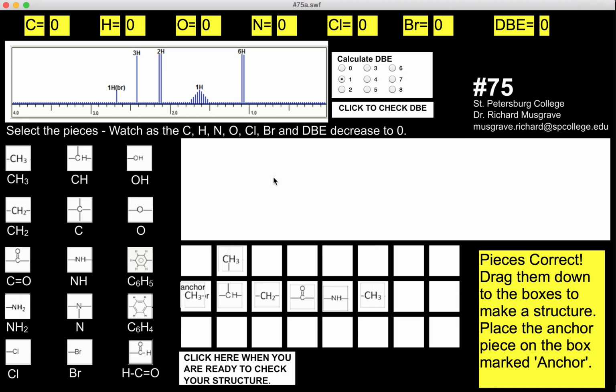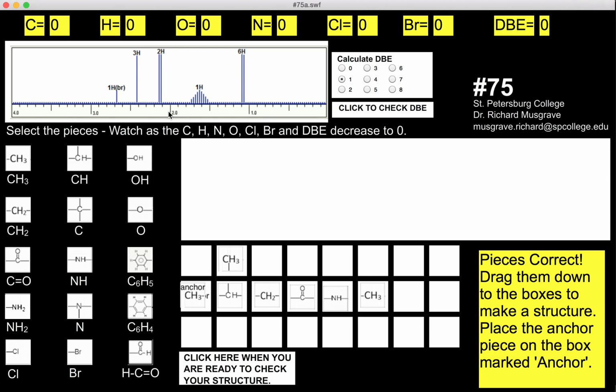Now looking at the chemical shifts involved here, we can have a CH3 here that's at about 2.4 ppm, and we can see that CH2 is at about, say, 2.1 ppm.